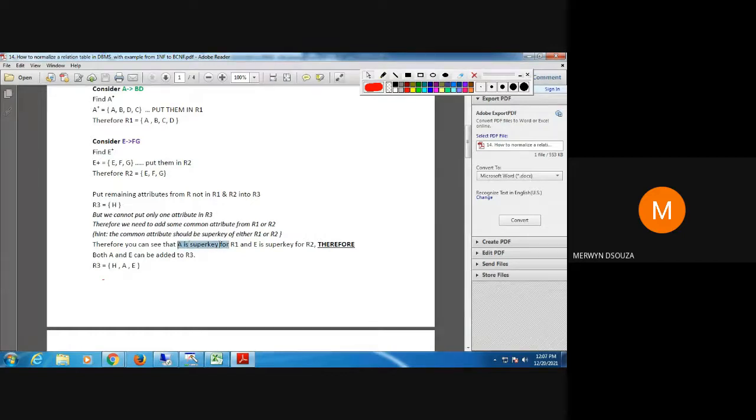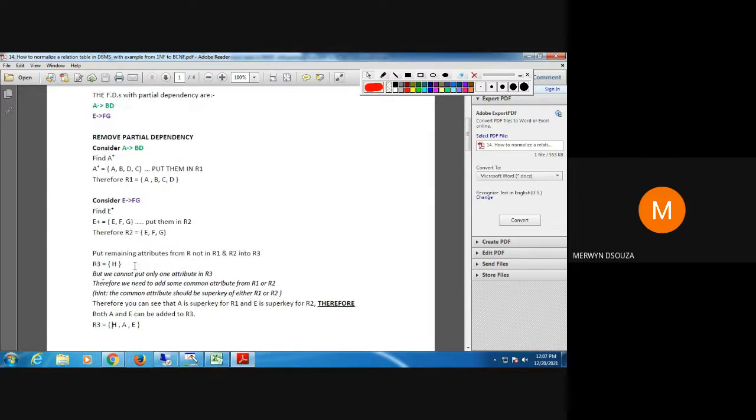Suppose A is that super key from R1, you will add A to R3. Similarly, find one super key from R2, say that super key is E. So you are going to add both A and E, A from R1 and E from R2. Both have to be added to R3. So you will get in R3 the attributes H, A and E.